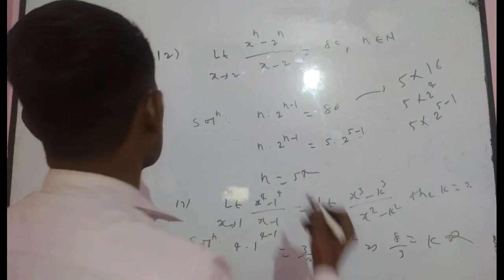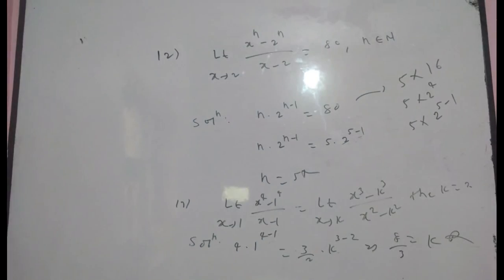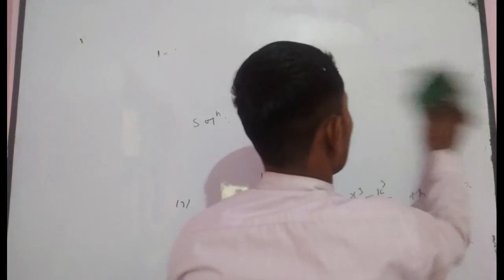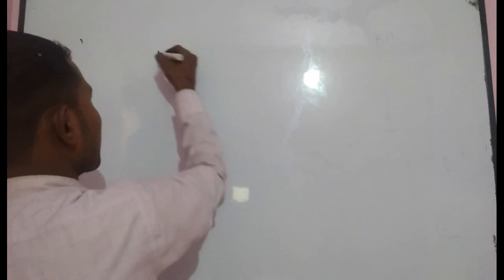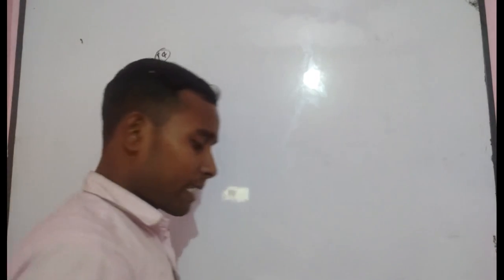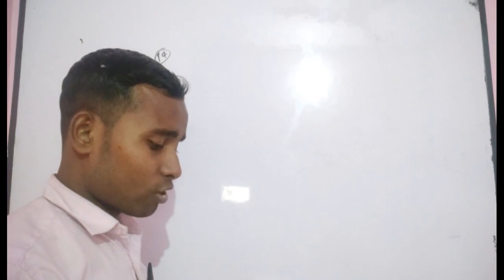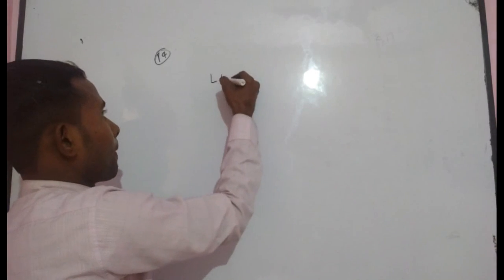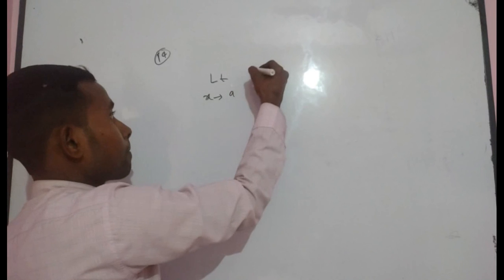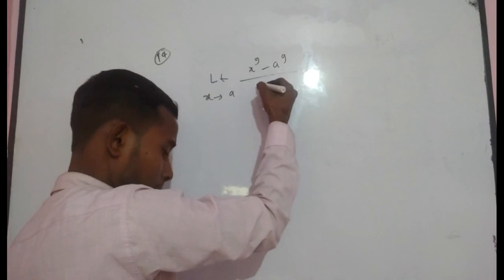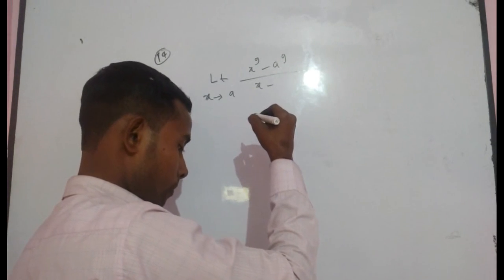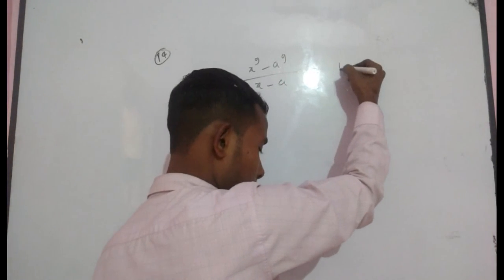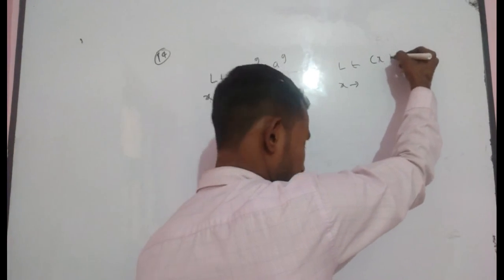If limit x tends to a, your example will be 40. Now I want to take another example, 40. In 14, it says that if limit x tends to a, x to the power n minus a to the power n divided by x minus a is equal to limit x tends to 5, x plus 5.